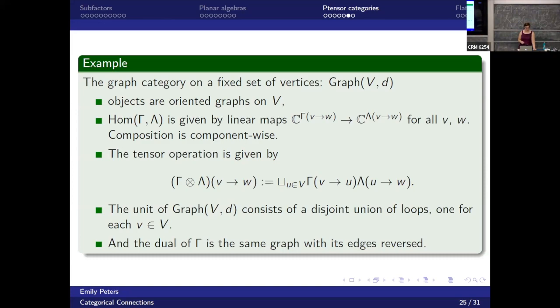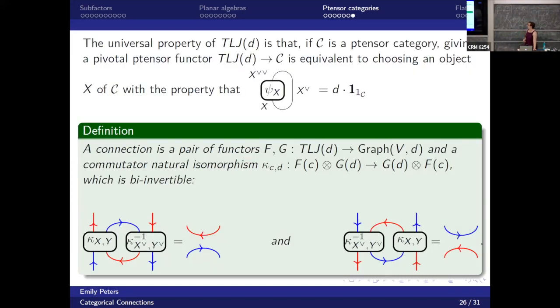Okay, now an important thing to know about the Temperley-Lieb-Jones category is that if you want to specify a functor out of this, as long as you're working with P tensor categories, all you need to do is say where a single strand goes, and then all of the nice properties of a tensor category will tell you that you can, in fact, say where anything at all in Temperley-Lieb lands.